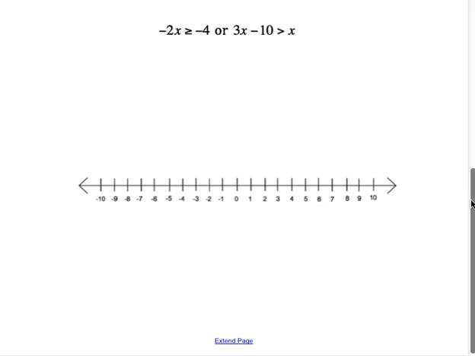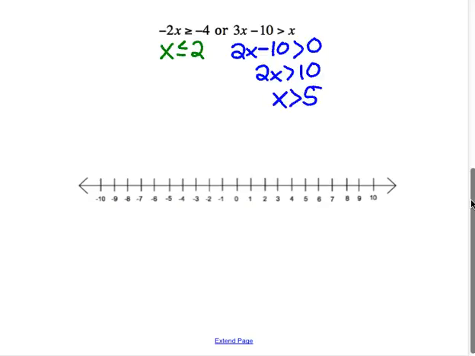For our next one, when I divide by that negative 2, again, keep in mind that is going to reverse the direction of the inequality. And in the next one, I like to collect the x's on the left-hand side. So I'm going to subtract off the x, which momentarily will leave that as 0, but then I can add over the 10 and then divide by 2.